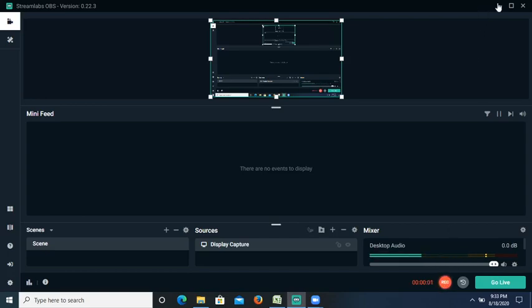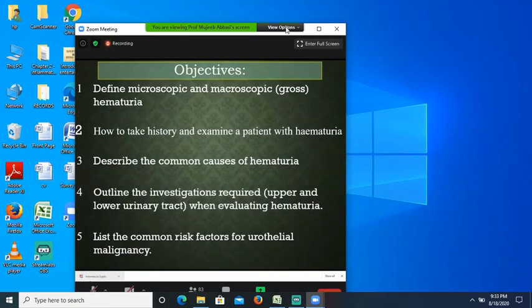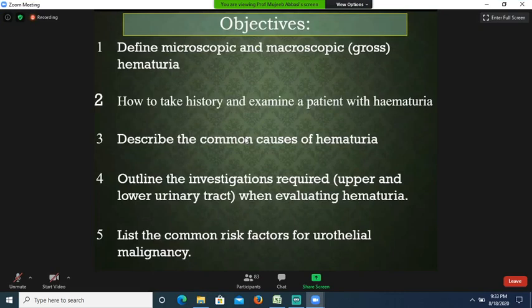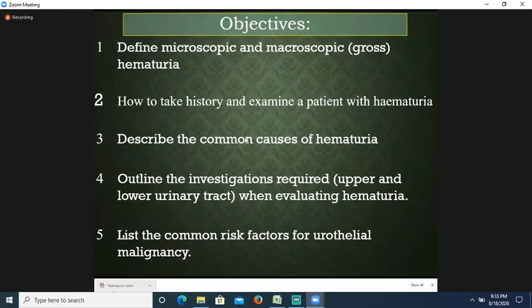The next objective would be how to take a history and examine a patient who comes to your clinic with the complaint of hematuria. What are the points in history which should be sorted out, and should we investigate them, and then how to examine a patient.